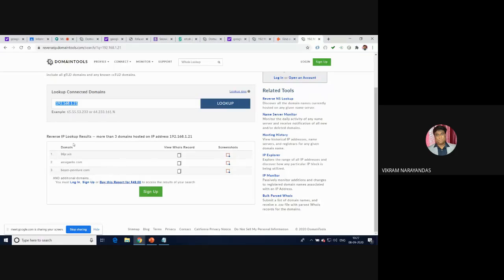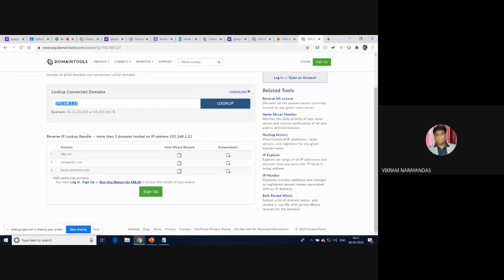So with the help of reverse IP on domaintools.com, you can figure out other websites hosted on the same server, what subdomains are available, who created that particular website, and how many other websites were created by the same email IDs mentioned in the whois records. That information you have to collect.